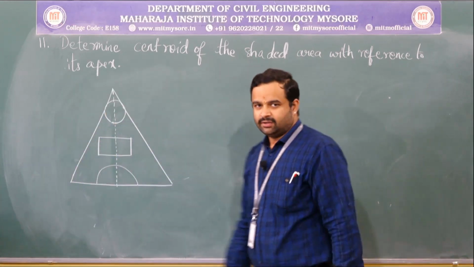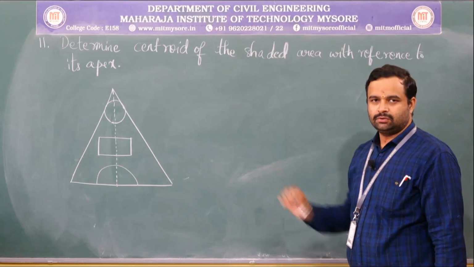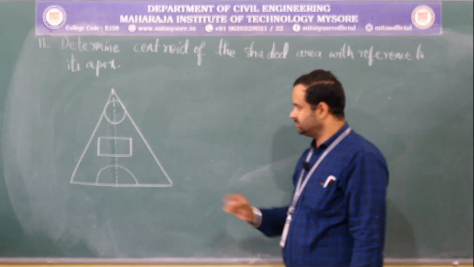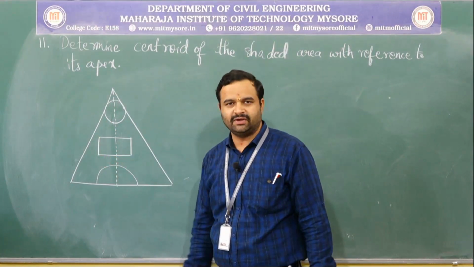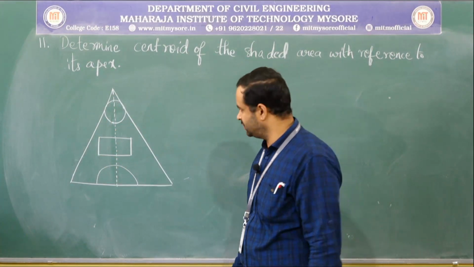So, this is the figure or the lamina given, and we have to mark the shaded area, that is the regions which are not having any opening is the shaded area. Let me shade it first.